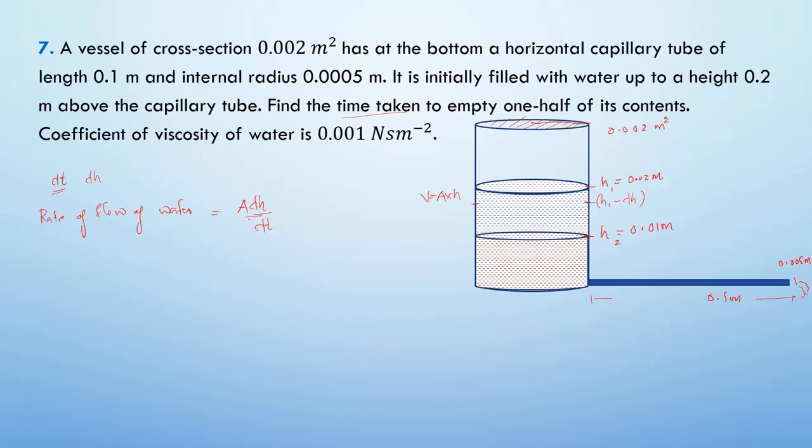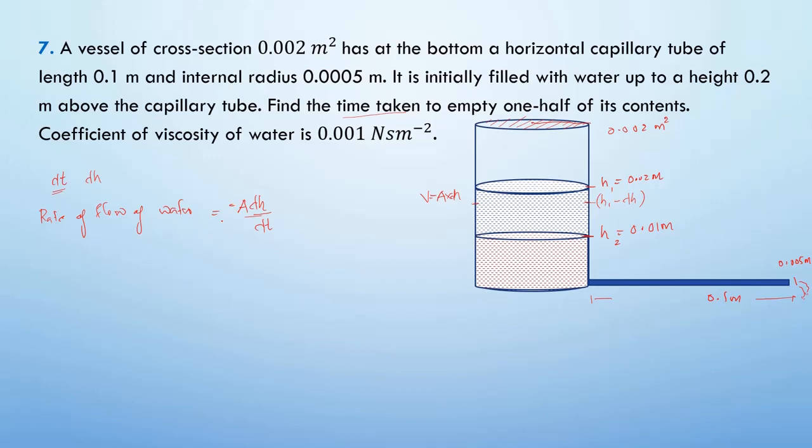So A into dh is the volume of the water which has flown out in a time dt. And we know that dh by dt is negative, because as time increases the height decreases.